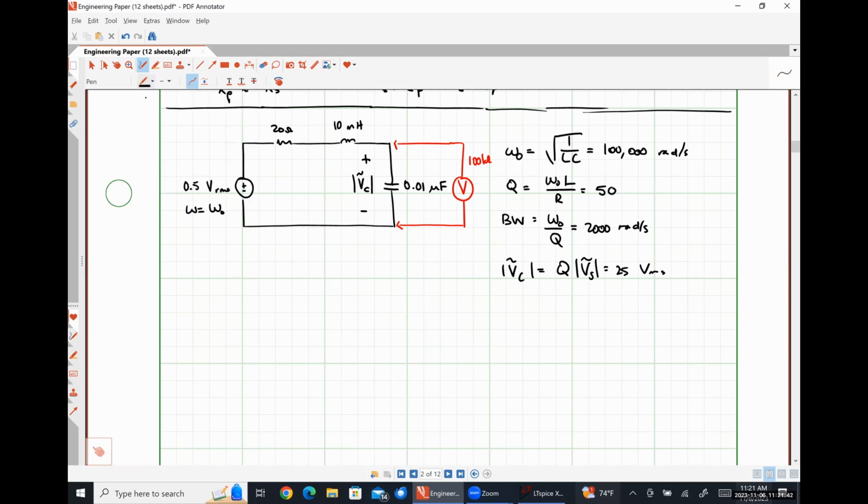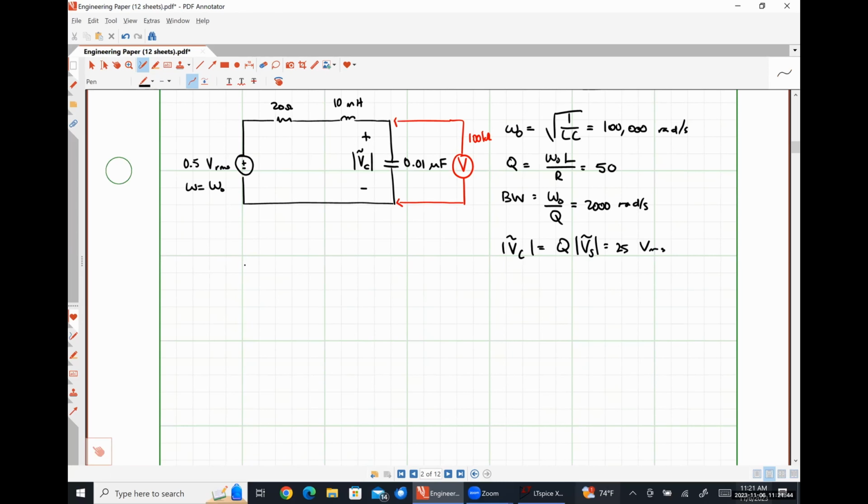So our new circuit is effectively this, right? We're still supplying half a volt RMS. Our angular frequency omega is 100,000 radians per second, which may or may not be the resonant frequency of our new circuit, by the way.